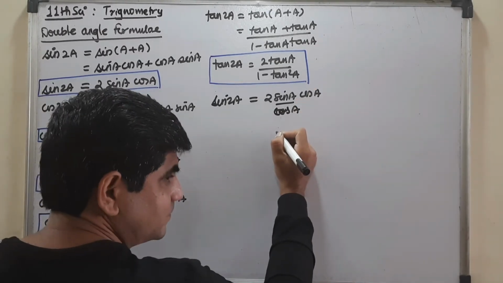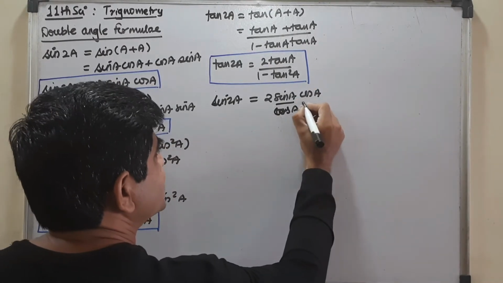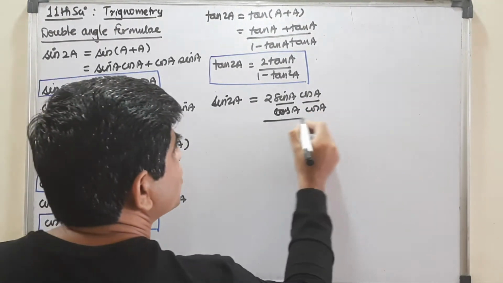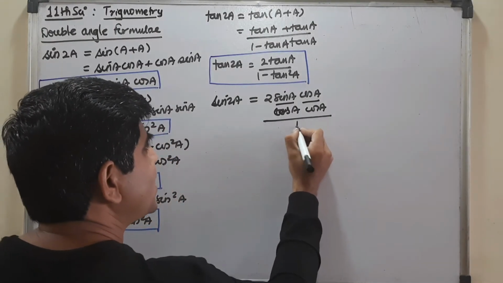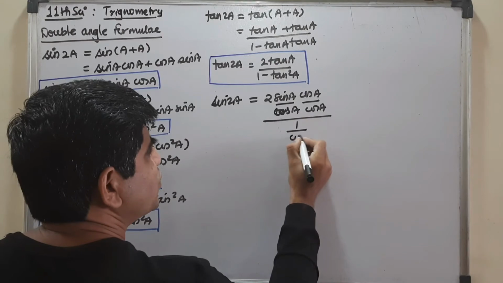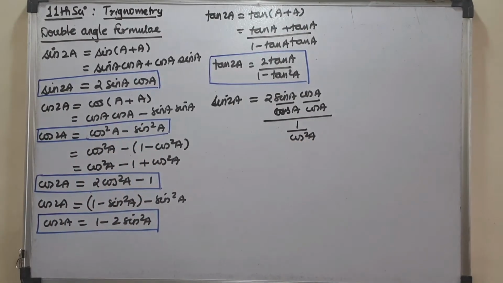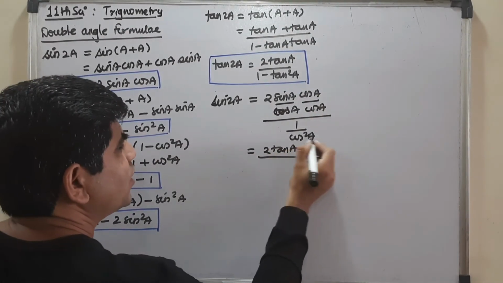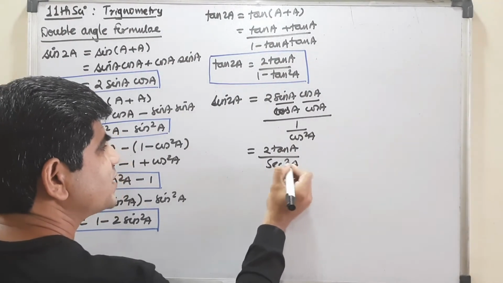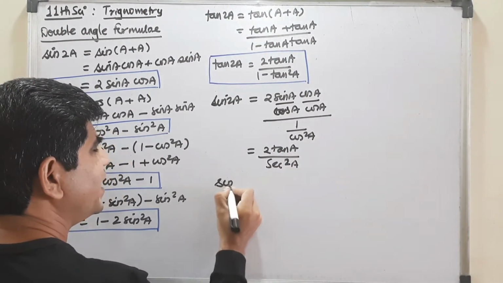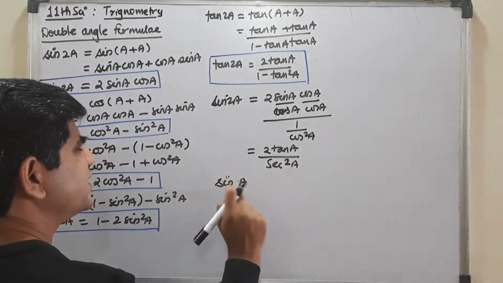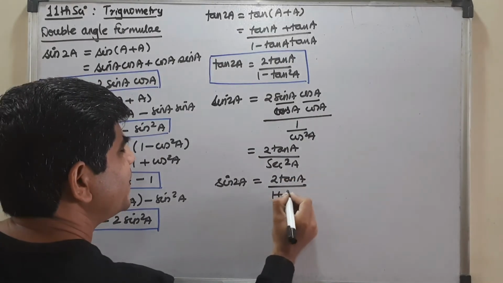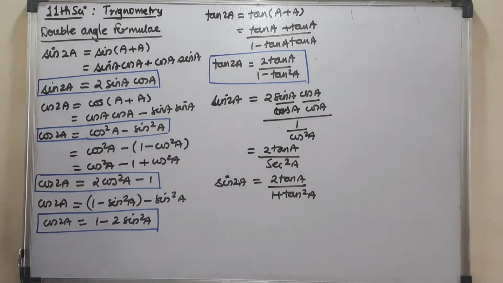But this will cancel, so I will take one more cos A so that this also goes out here. I have divided by cos A in the numerator. Now the denominator was nothing, so there it is 1. I divided by cos square A, so I am writing this also by cos square A. So this divides off, I get 2 tan A upon 1 by cos square A, which is your sec square A. And sec square A, I very nicely know, is equal to 1 plus tan square A. Agreed?